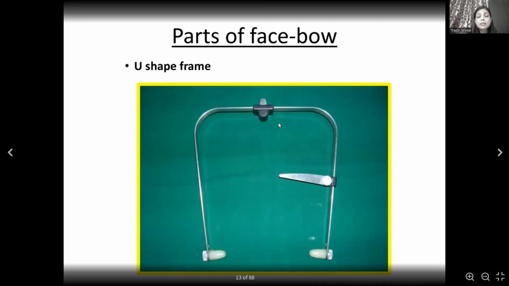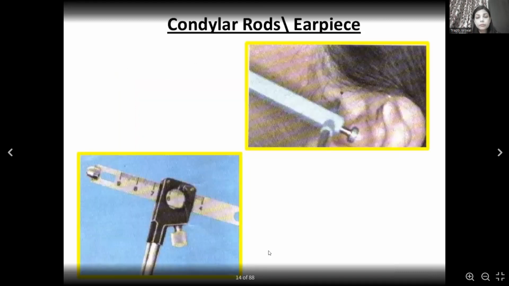These points act as posterior reference points, and we put them into the patient's ear. So the posterior reference points which we'll be using in the Hanau facebow will be the earpieces. And in other types, the condylar rods are used.